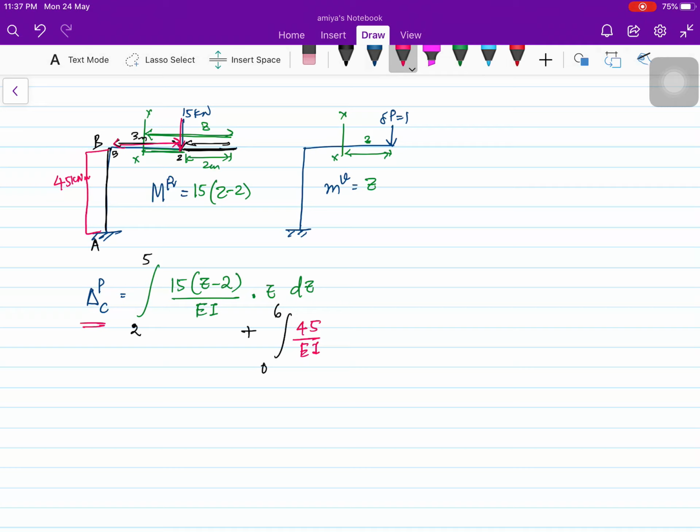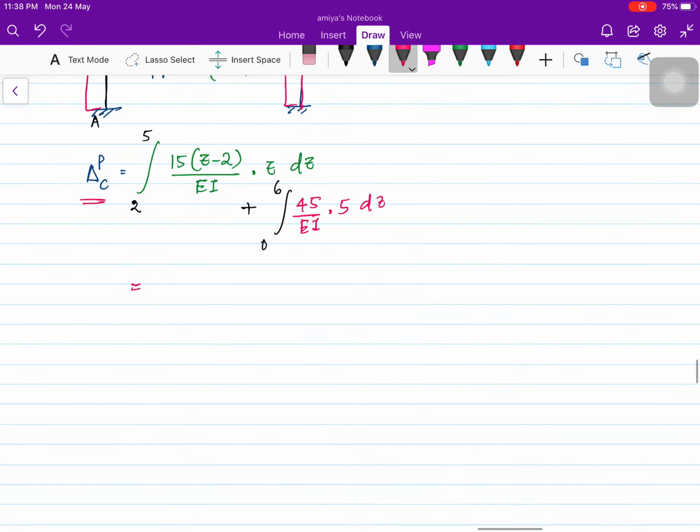We are applying that method here, where we integrate the moment of the real structure multiplied by the moment from the virtual force we apply. This is the virtual moment: 1 multiplied by the total 5 meter, so 5 kilonewton meter for this BA. So 5 dz, and this dz is from 0 to 6. So we are going to calculate this.